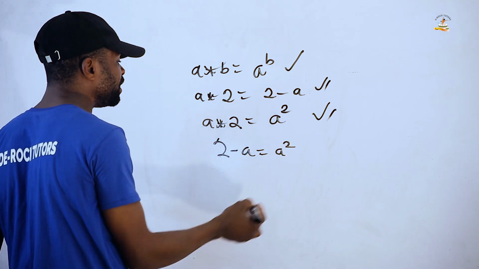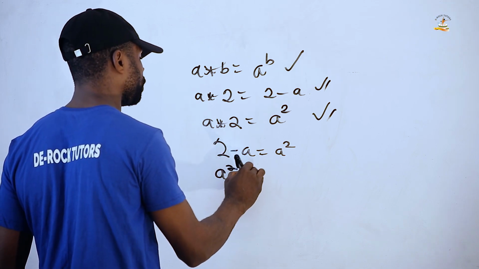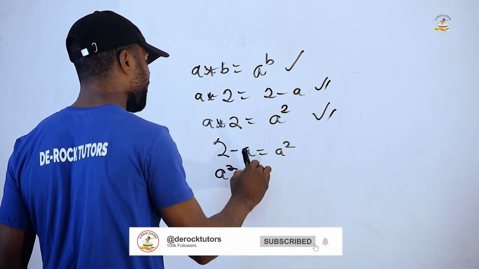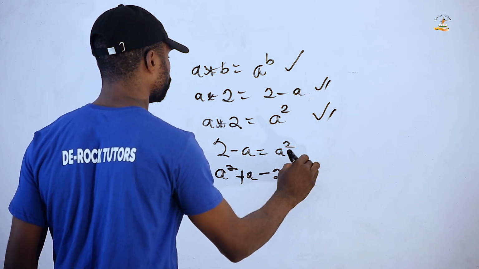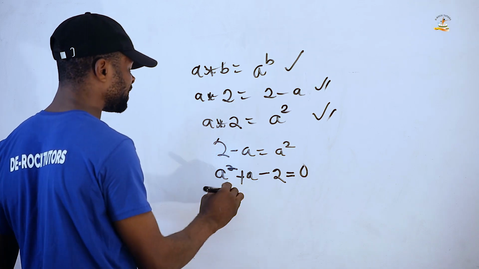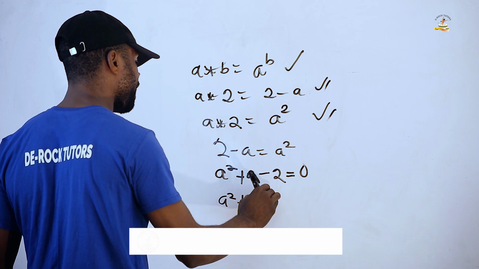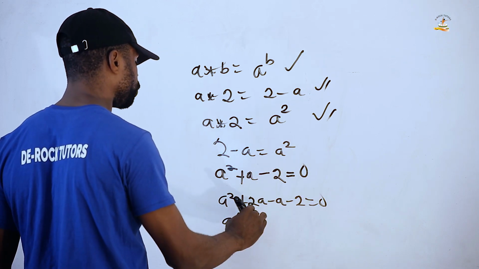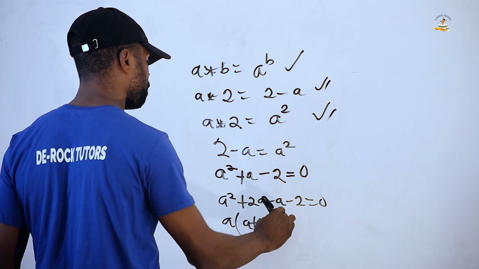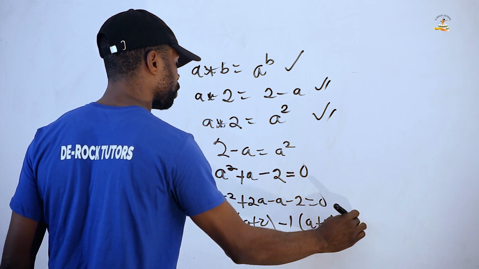Then resolving into a quadratic equation, I'm going to have it as A squared plus A minus 2 equal to 0. Factorizing this, we have A squared plus 2A minus A minus 2 equal to 0. Then I will have A into A plus 2 minus 1 is common, A plus 2 is equal to 0.